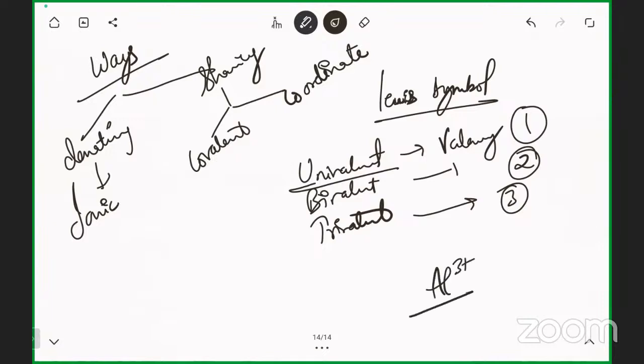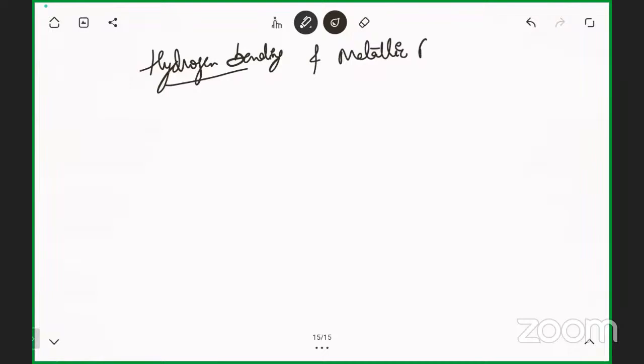Next thing, two more types of bonding are mentioned in your book: hydrogen bonding and metallic bonding. Metallic bonding is quite easy, we'll go deeper into that. But what exactly is metallic bonding?